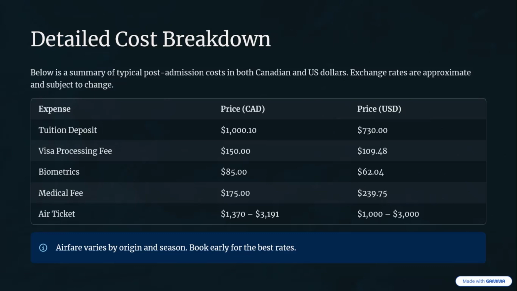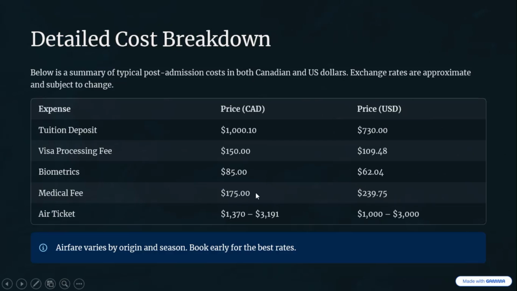The next one is medical fees. We do know medical exams only work for 1 year. So if you have done it in the last year, then you don't really have to worry about that. But if your time is running out or you haven't done any medical exam, then you'll have to pay that as well, which is 175 US dollars, or 239 Canadian dollars.